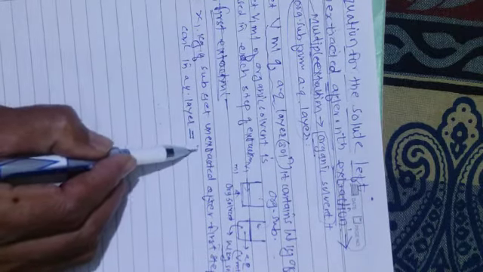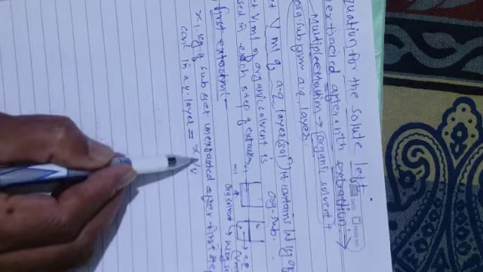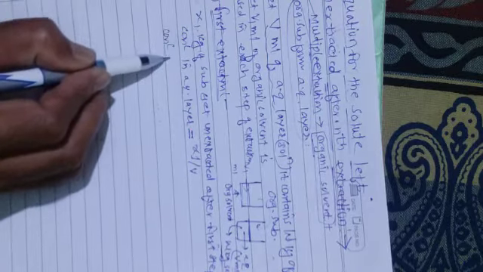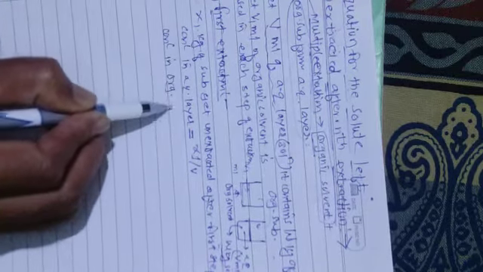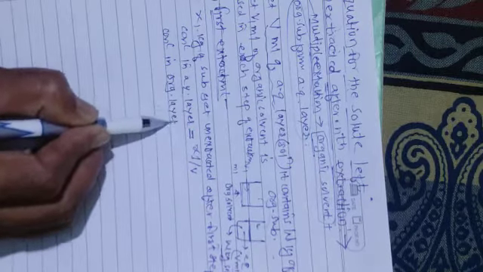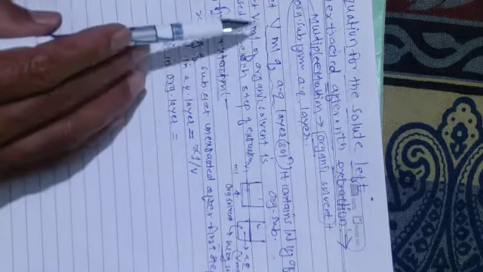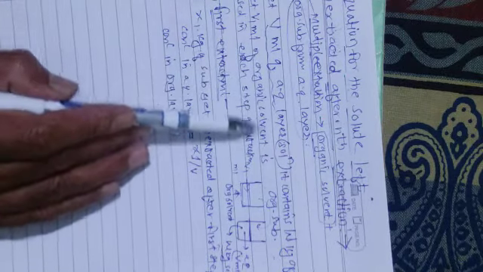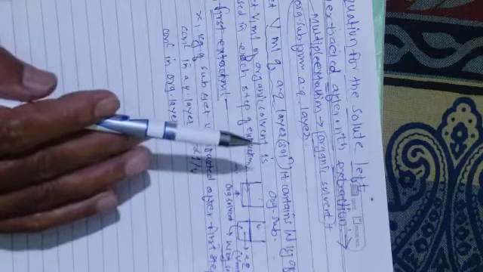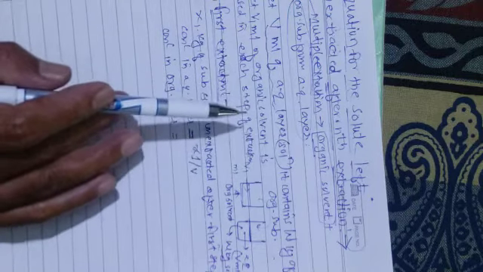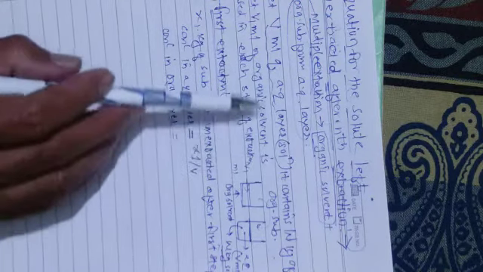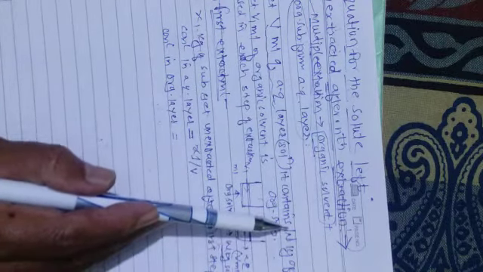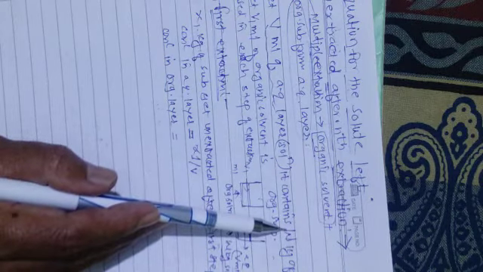That's why concentration in the aqueous layer will be x1 upon V. Similarly, concentration in the organic layer: V1 ml of organic solvent is used in each step. Initially in the aqueous layer W kg of solute is there.